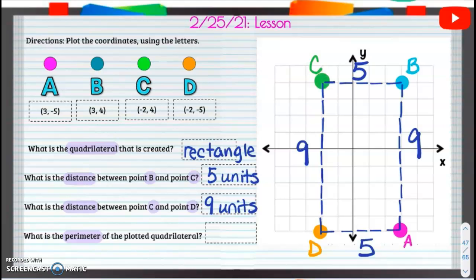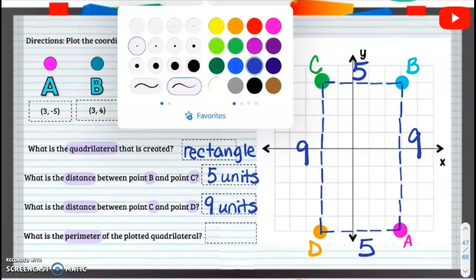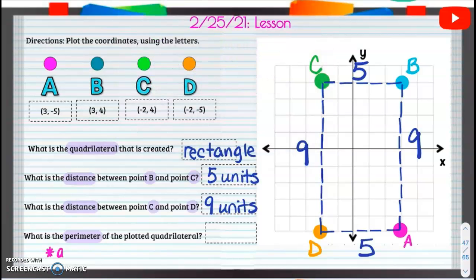All right, now let's add them all up. Perimeter: add all sides. So 9 plus 5 plus 5 plus 9. I have 5 plus 5, which equals 10.